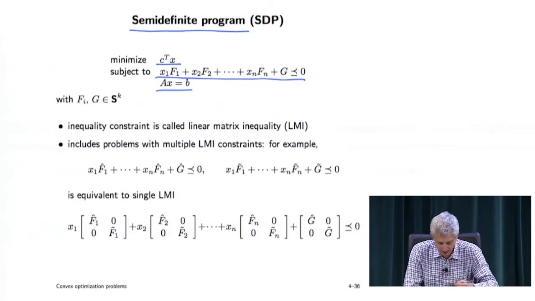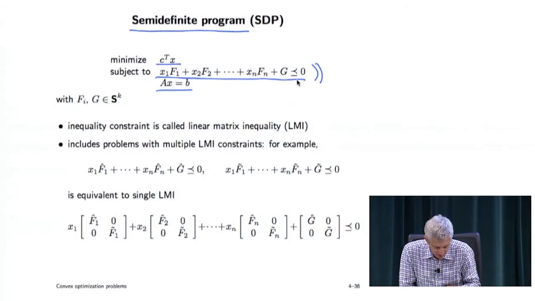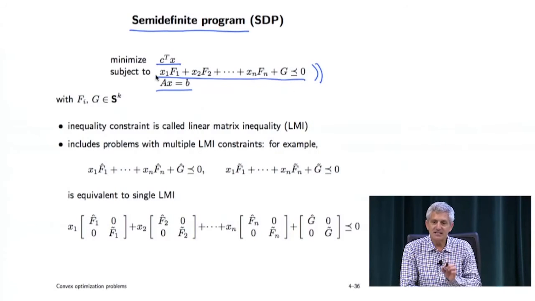There. Oh, by the way, a constraint of this form is called a linear matrix inequality. And the idea is if I were to make this inequality here an ordinary inequality and make everything a scalar, this would be a single linear inequality. But now I just simply capitalize the F's and G's. So the left-hand side is now a symmetric matrix.